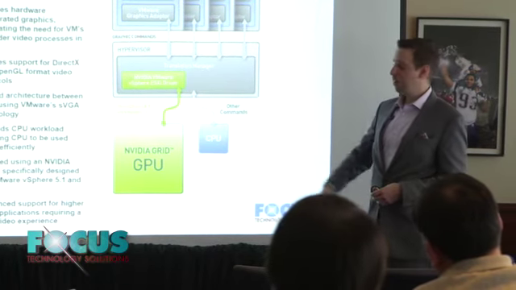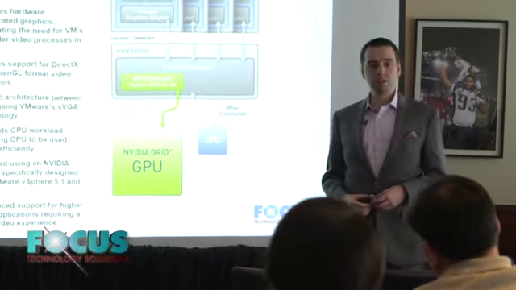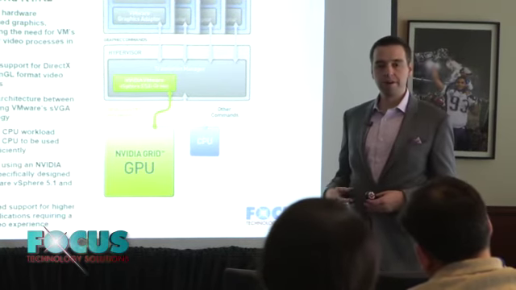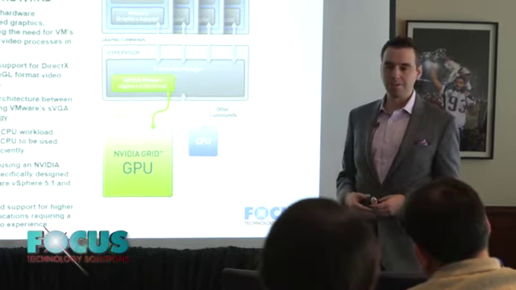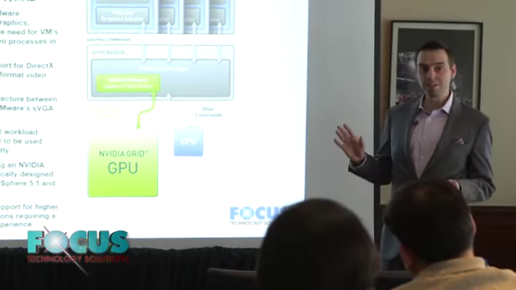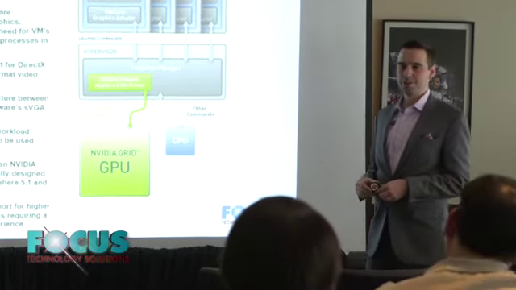VMware and NVIDIA have already announced, but they haven't launched, what exactly it is that they're going to do. If you go to VMware's website, they have a big secret that they're announcing on the 2nd or 3rd of next month.